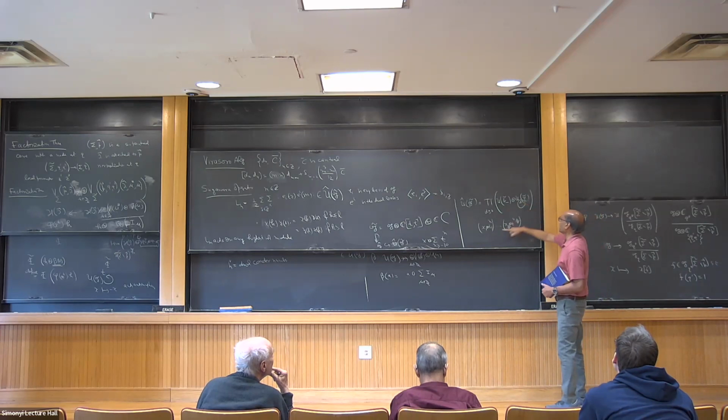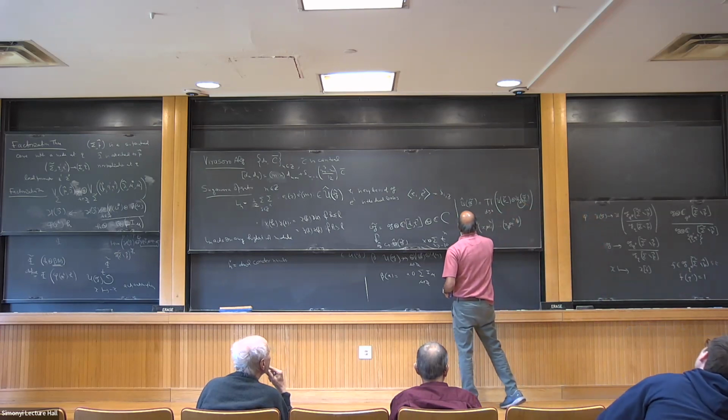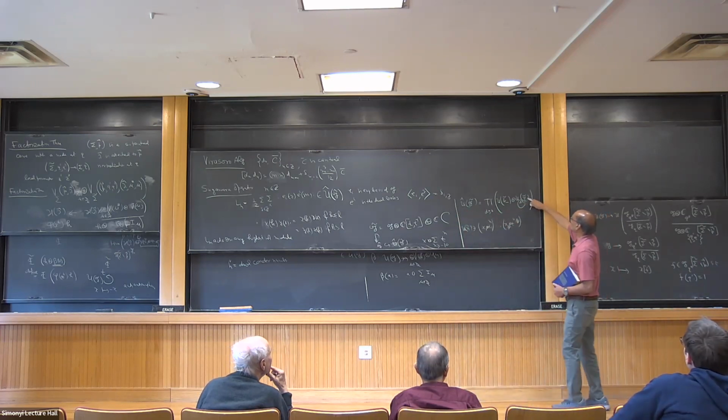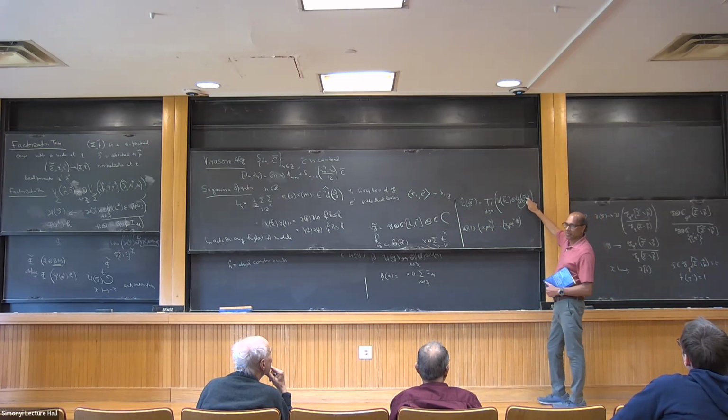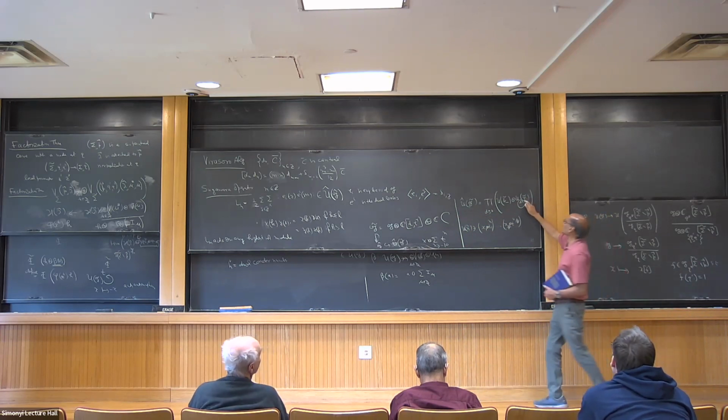So this is an element in the enveloping algebra of U of n hat. What is n? This is the positive part. So n is the nil radical of the Borel of the positive part.